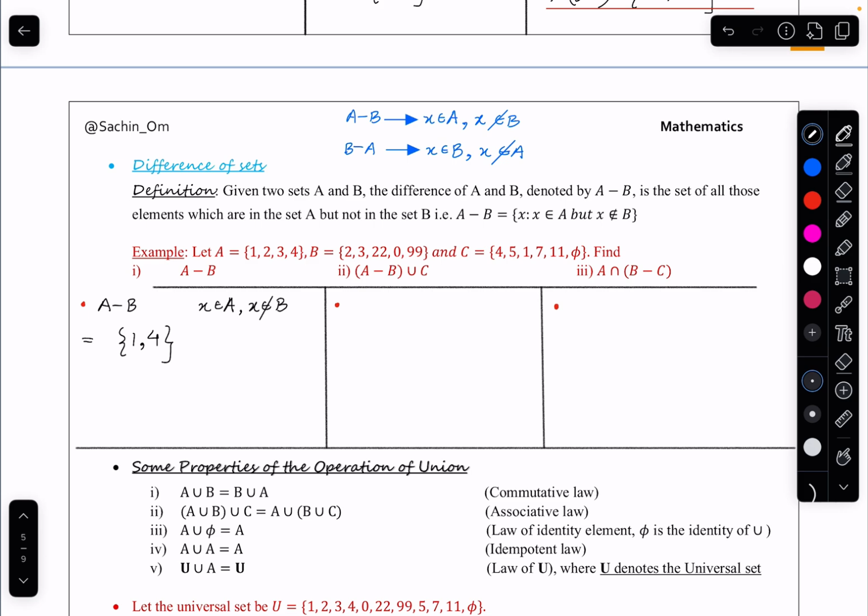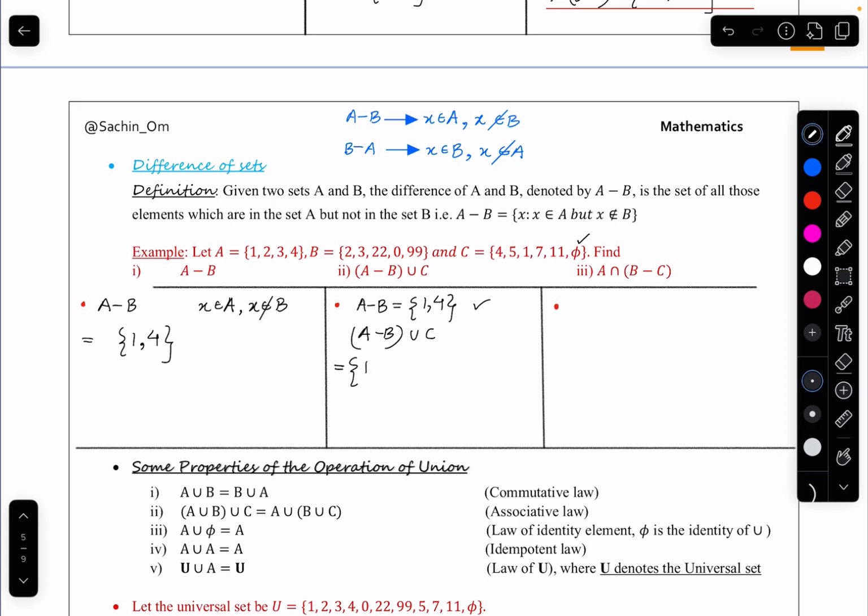Second example, we are supposed to take the union of A minus B and C. But then A minus B, we found it just a while back. It is 1 comma 4 and C is here. So I want to find A minus B union C. So I'll just collect the elements from A minus B. I'll collect the elements from C, put them together.